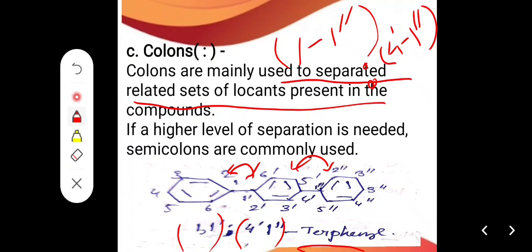So due to the confusion we can simplify using the roll number, because each and every student of any class has one and only one roll number. So that's why we can justify all of these things. Okay, similar analogy: if a comma is not enough to separate all the locants, for a higher level of separation we need semicolons or colons.